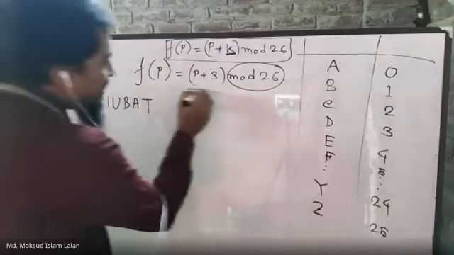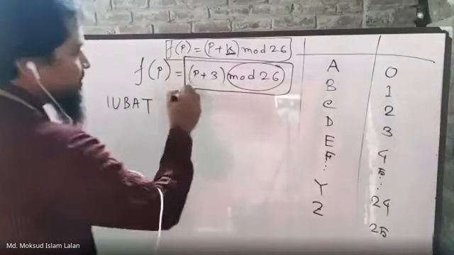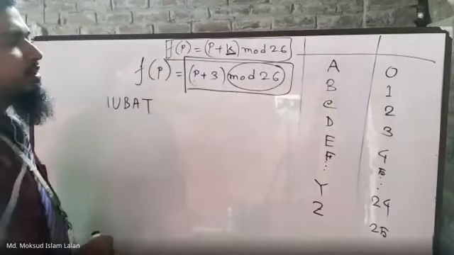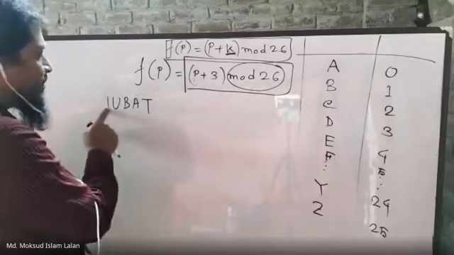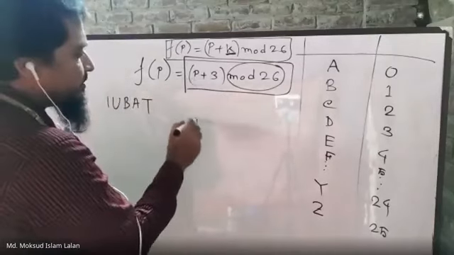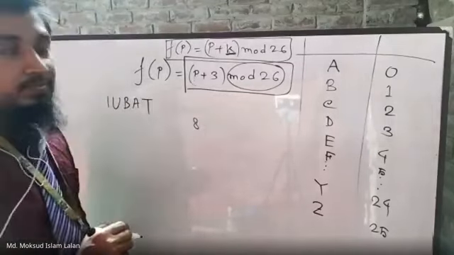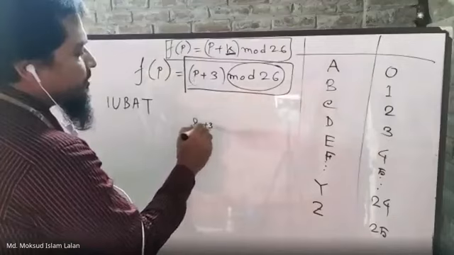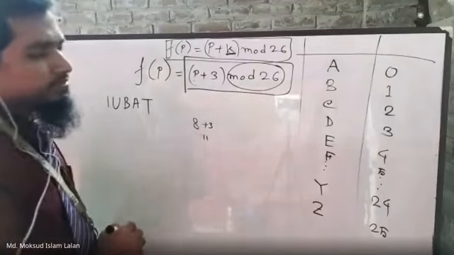So what is the meaning of this? If you write I, the I value is 8, right? So 8 plus 3 is equal to 11, right?